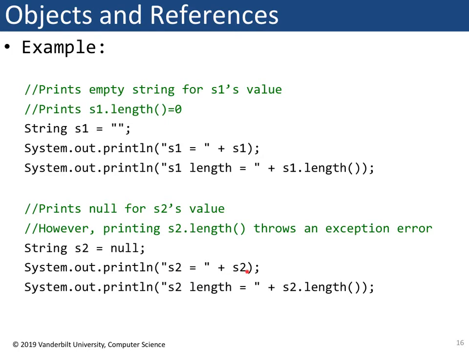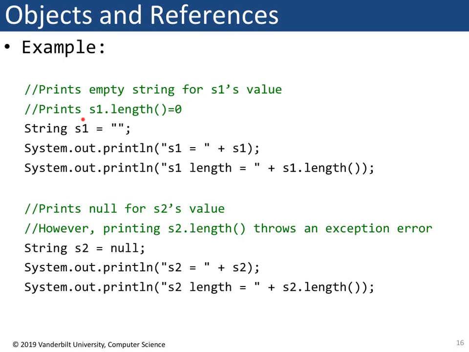We can print it. It'll say S2 equals null. But when we attempt to say S2 length equals S2.length, this is going to throw an exception. The reason is because there is no object here. So when we said S1 equals and then we gave it this empty string, that created an object in memory. So we were able to use these methods like S1.length because that object exists.